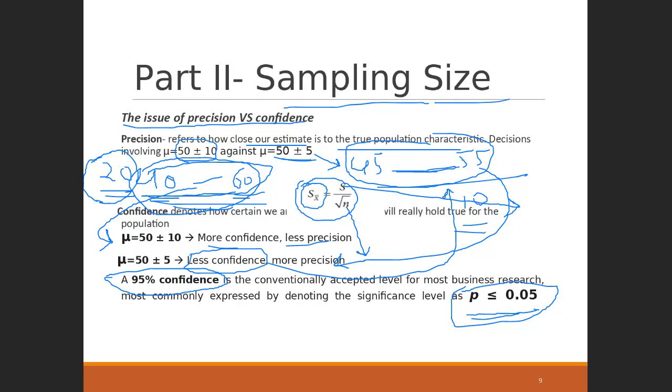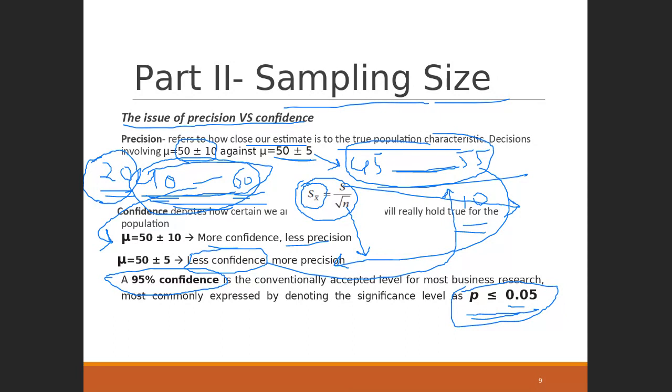So when we say that p value is 0.05 or lesser than 0.05, we are saying, in other words, that at least 95 times out of 100, we believe that our estimate will reflect the true population characteristic, or we have only a chance of 5% or lesser of getting our estimate wrong.